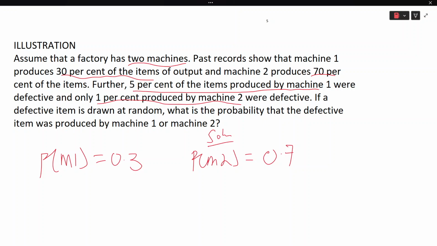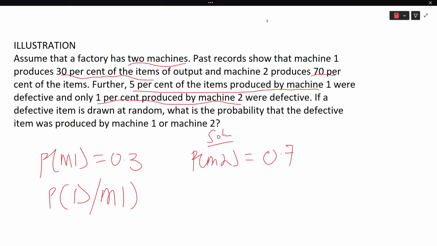Now, we've been given that 5% of items produced by machine 1 were defective. So we've been given the probability of defective, given that it was produced by machine 1.